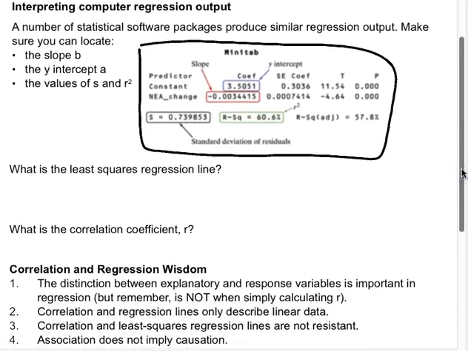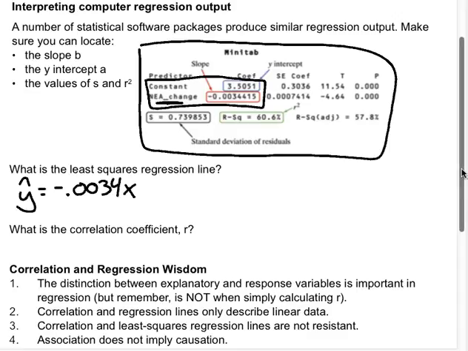here, if I'm asked to write the least squares regression line, okay, y equals, now here, these are the two values that I'm looking for, okay, the coefficients. So the coefficient of whatever the variable is, that is my slope.